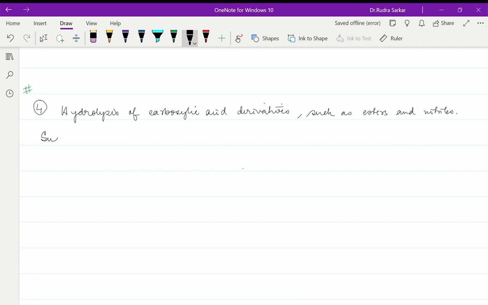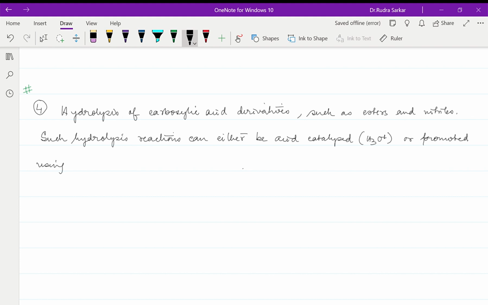Now, it is worthwhile to mention that such hydrolysis reactions can either be acid catalyzed, that is involving the hydronium ion, or they can be promoted using base.